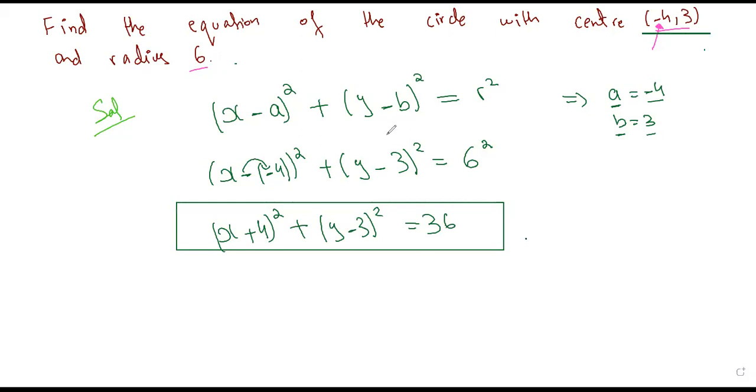So these were some simple examples. Now let's talk about another example that is very, very important.